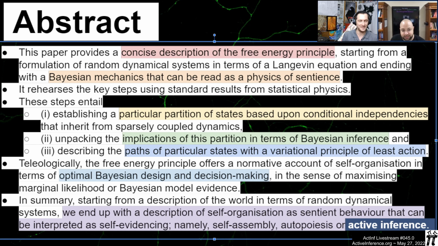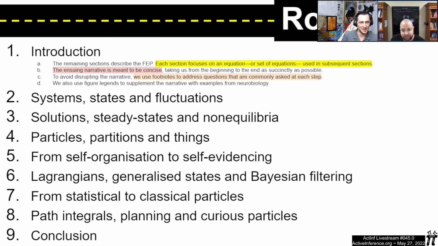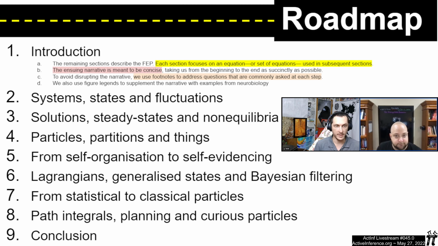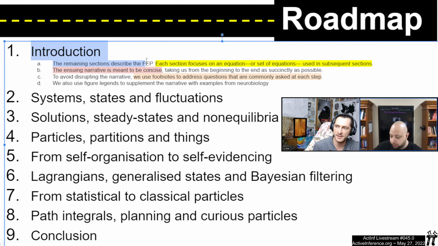Awesome. Okay, let's go to the roadmap. This paper has a layout, and it'll be awesome to hear from the authors about why they've laid it out as they have, as well as numerous other details. So we're looking forward to those discussions. Section 1 is an introduction, and they wrote at the end of the introduction, the remaining sections describe the free energy principle.